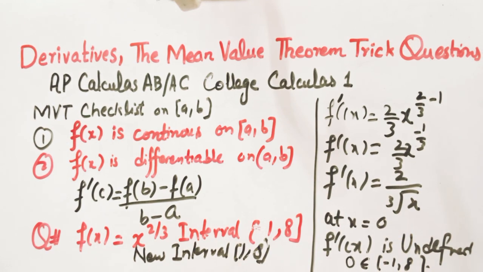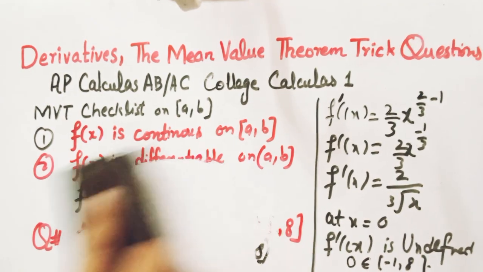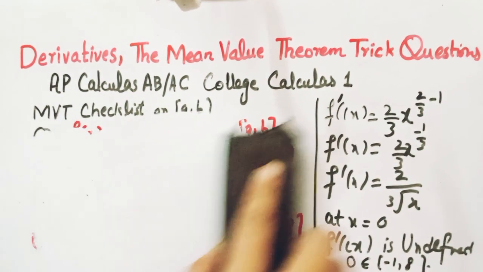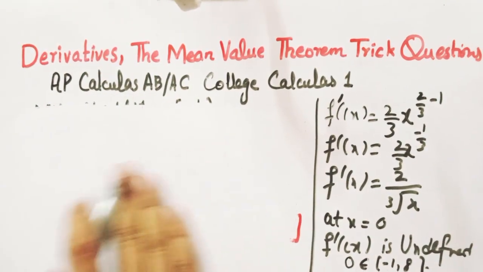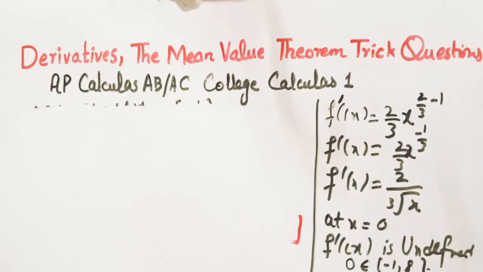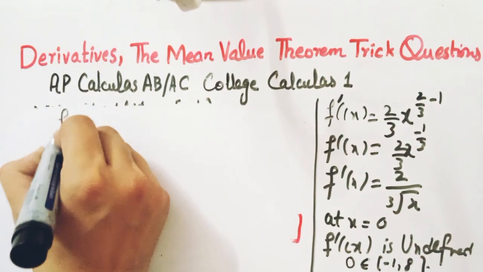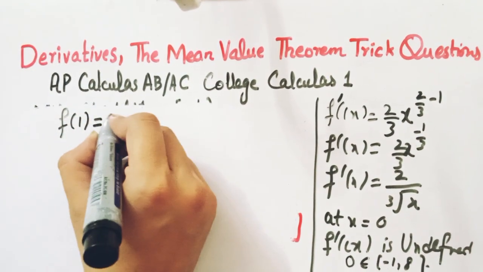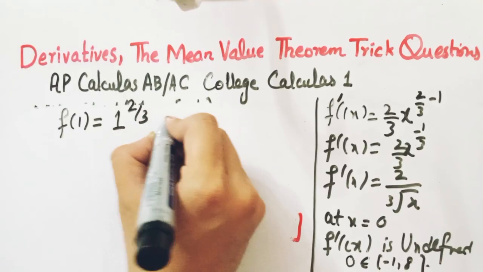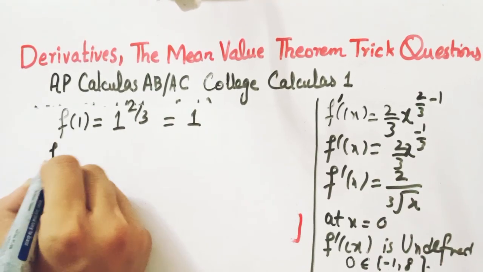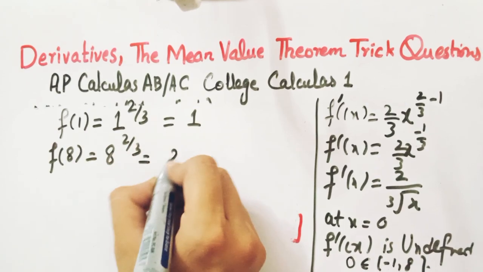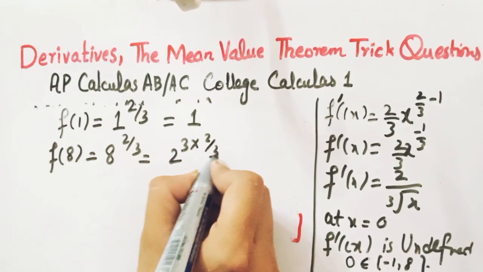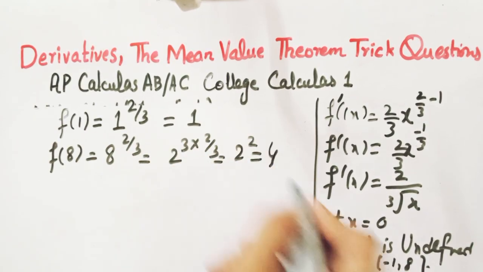Now we will calculate f of a and f of b. What will be the value of f of 1? f of 1 will be 1 raised to the power 2/3, that is 1. f of 8 is 8 raised to the power 2/3. 8 is 2 cubed, so 2 cubed to the 2/3 is 2 squared, that equals 4.